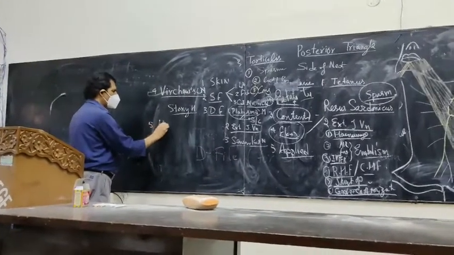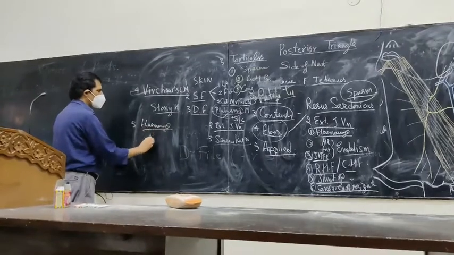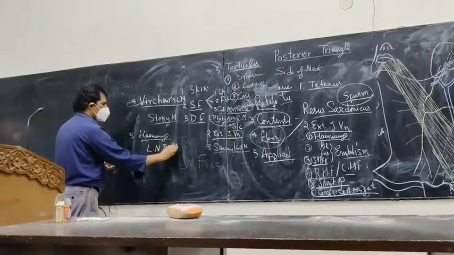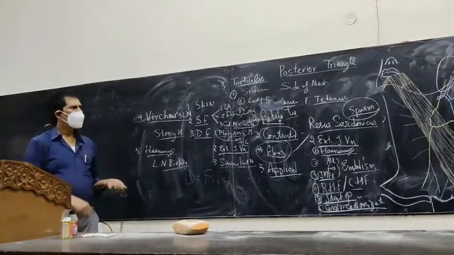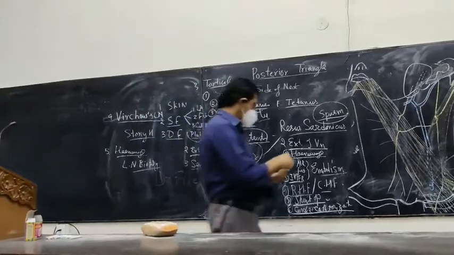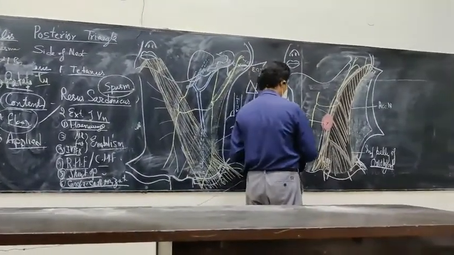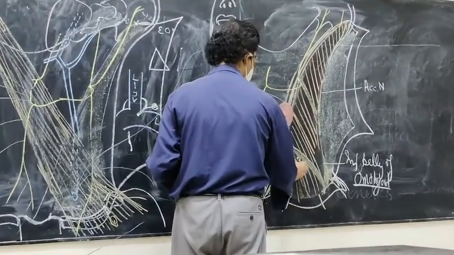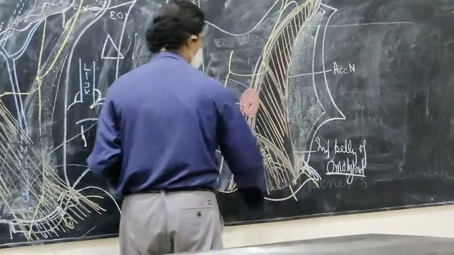Then the hemorrhage and death due to lymph node biopsy. Below the deep fascia, in relation to the blood vessels, there are also deep cervical lymph nodes, in relation to the subclavian artery and its vessels.